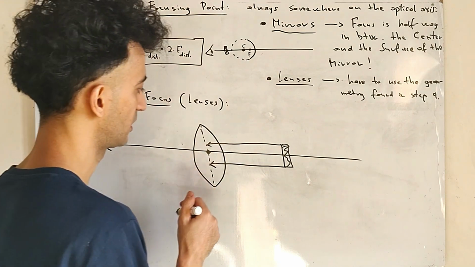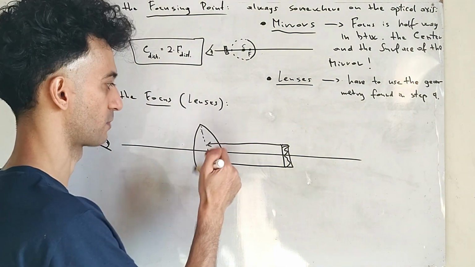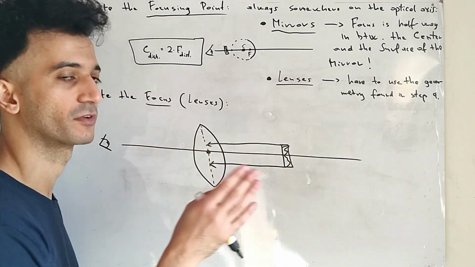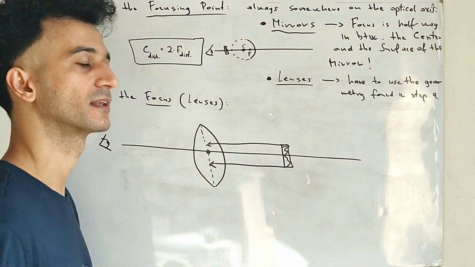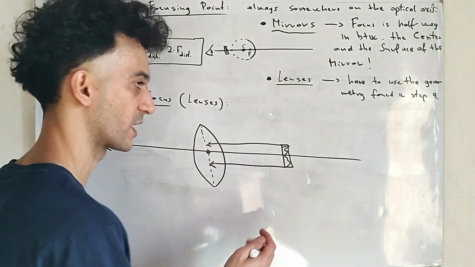Well, it's something like the previous rule we talked about, the main rule of optics, right? Rays of light will behave as if they're following the 90 degrees angle that is made with the surface where they touch it.